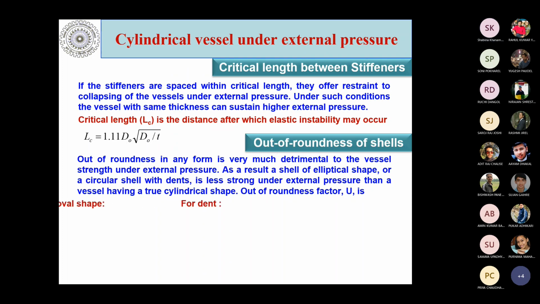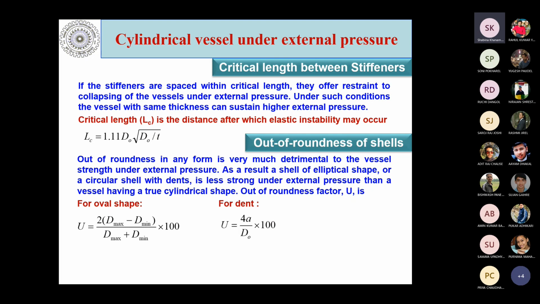So the first is the oval shape, or elliptical shape. For that we define out of roundness as capital U, which is equal to 2 times (D max minus D min) divided by (D max plus D min), into 100.